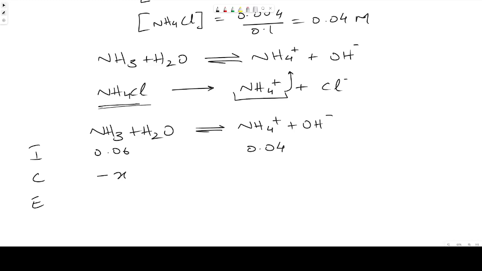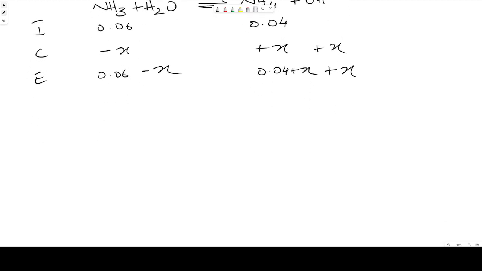It's going to be minus x here, and plus x here. So at the end, it's going to be 0.06 minus x, and 0.04 plus x. And the OH- ion is just going to be plus x.